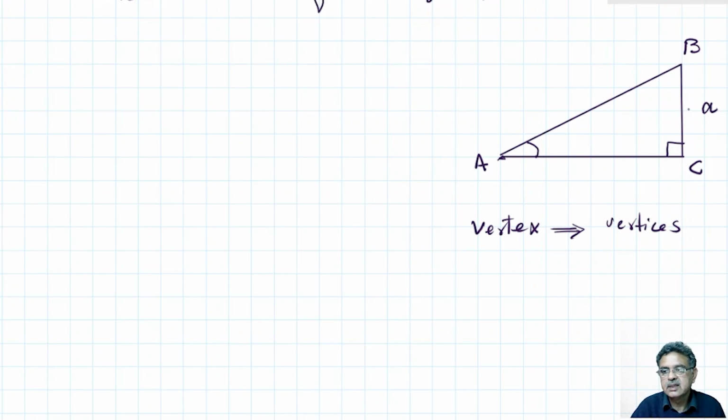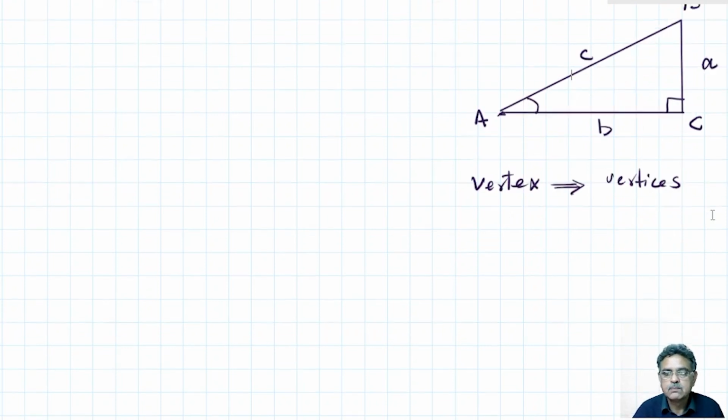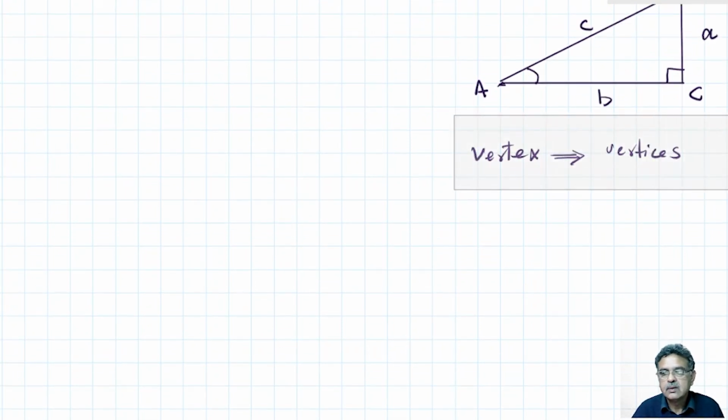This is capital A, then this is small a. If this is capital B, then the side opposite to B is small b, and this is small c. Okay.